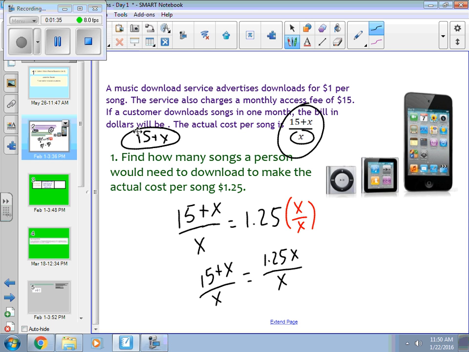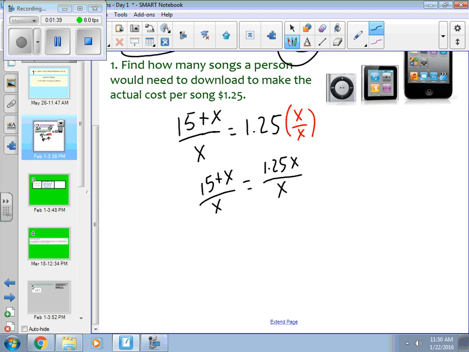Now, what you'll see as we do these problems is when you get a common denominator that's the same, it will end up just going away when you solve it. One way you've learned to solve this is to cross multiply. If we cross multiply, you'll end up with (15 plus x) times x equals 1.25x times another x.